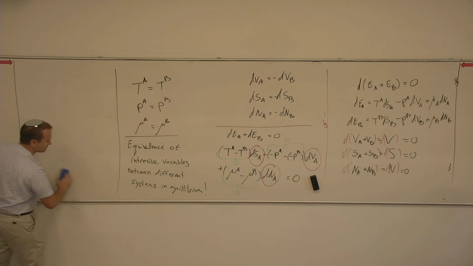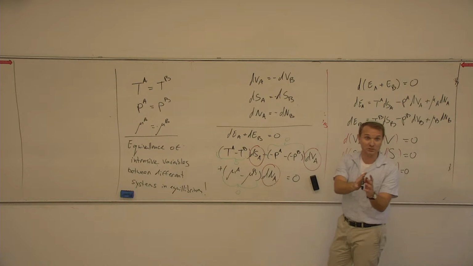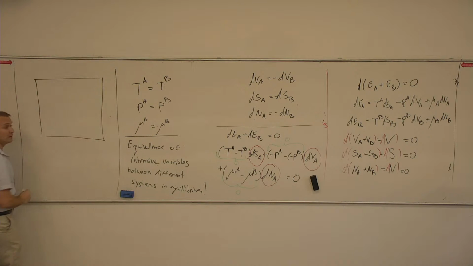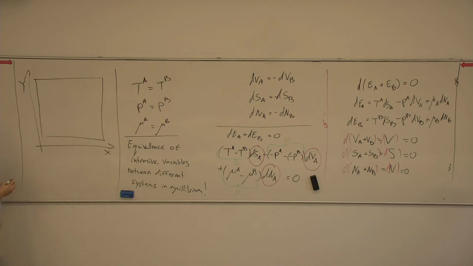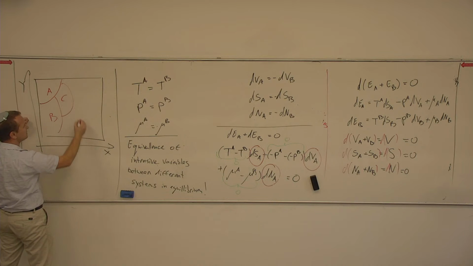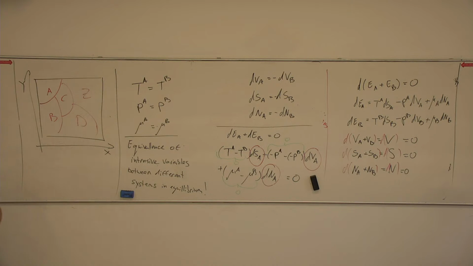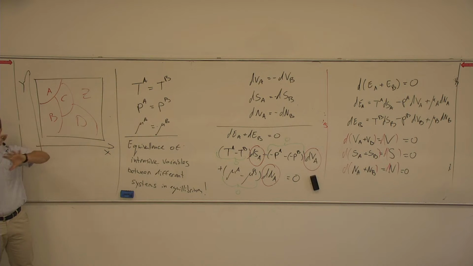Now, thermodynamics is a macroscopic theory. It assumes that there are no microscopic parts, right? So basically we can say the following. If this is our system, and this is the x-axis, and this is the y-axis, and we separate the system into many other systems. This is going to be system A, this is system B, system C, system D, and system Z. This condition says it doesn't matter how you separate the subsystems.